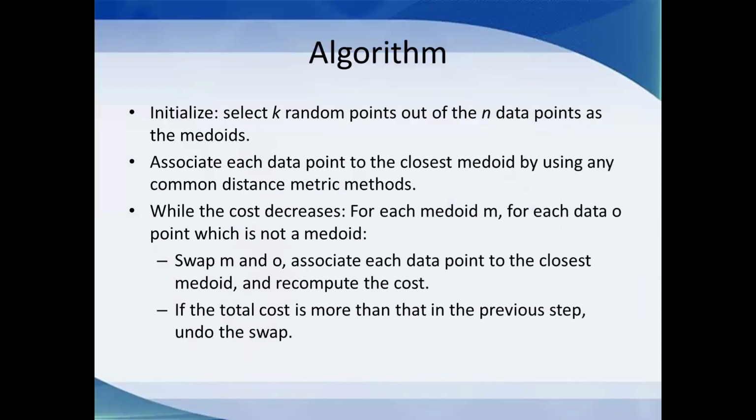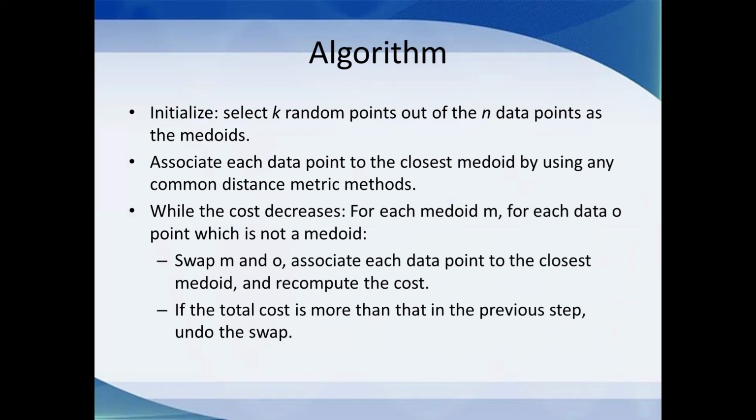Look at the important steps of the algorithm. The first step is initialization. Here, k random points out of n data points in the data set will be taken. Then it associates each data point to the closest Medoid by using any common distance metric. It continuously decreases the cost till no more swap is possible.